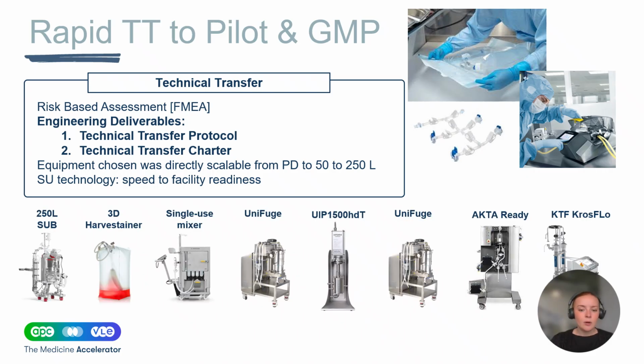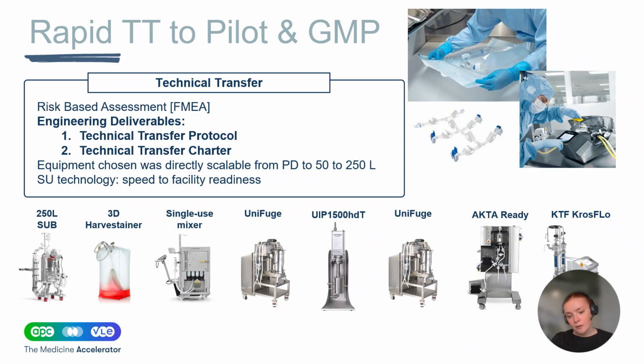And this is the scaled up process. You'll notice when we compare it to the downstream slides, it's the exact same equipment, all just linearly scalable. So our 250-liter SUB is the exact same as we would have had in APC. And we had all this equipment in our MSAT space, but also this equipment scales very, very nicely. So the Unifuge, for example, will be scaled off the sigma factor on the bowl.